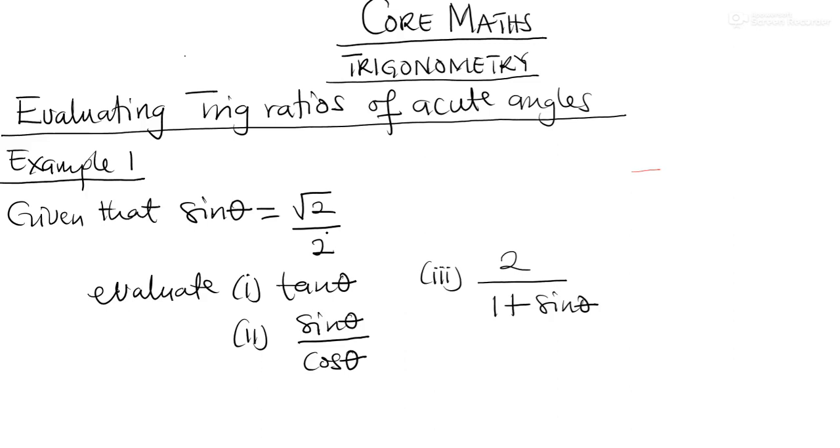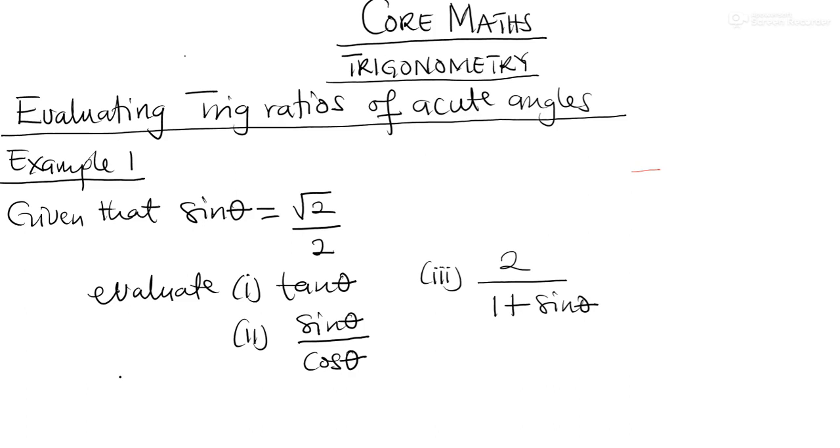Now before we move on, you remember we established the fact that tan theta is the same as sin theta over cos theta. So you have to keep that in mind. Tan theta is always equal to sin theta over cos theta.